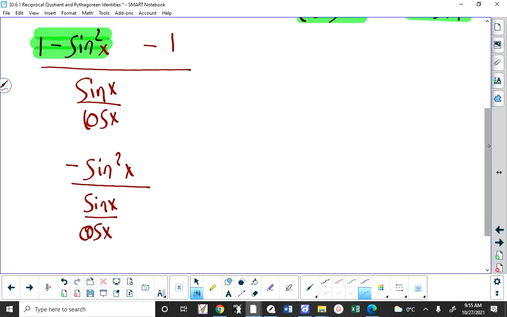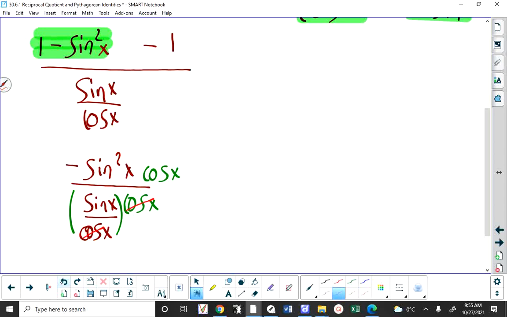When you write a fraction like this, I know I've talked about this before, but don't do this. Make it very clear where the main fraction is. I can multiply top and bottom by cosine of x to eliminate that pesky mini denominator. These cancel.